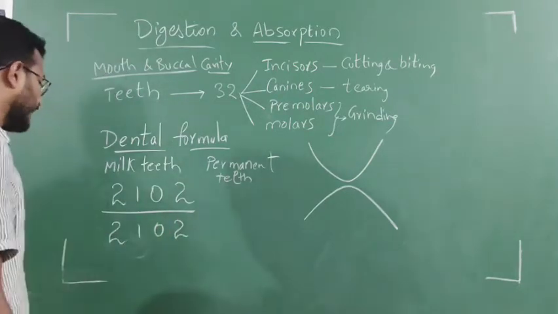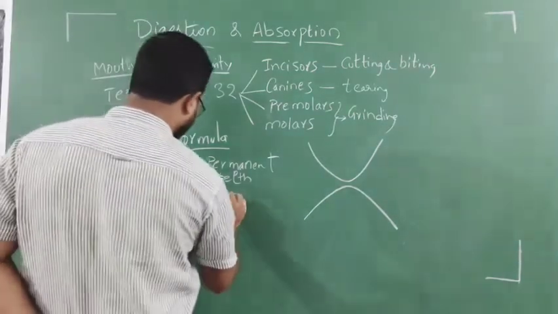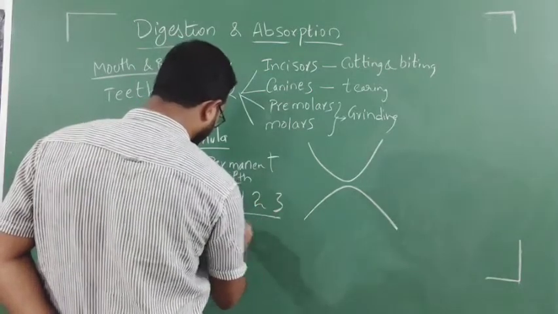So this is the dental formula of the milk teeth, and this is the dental formula of the permanent teeth, 2 1 2 3 by 2 1 2 3.